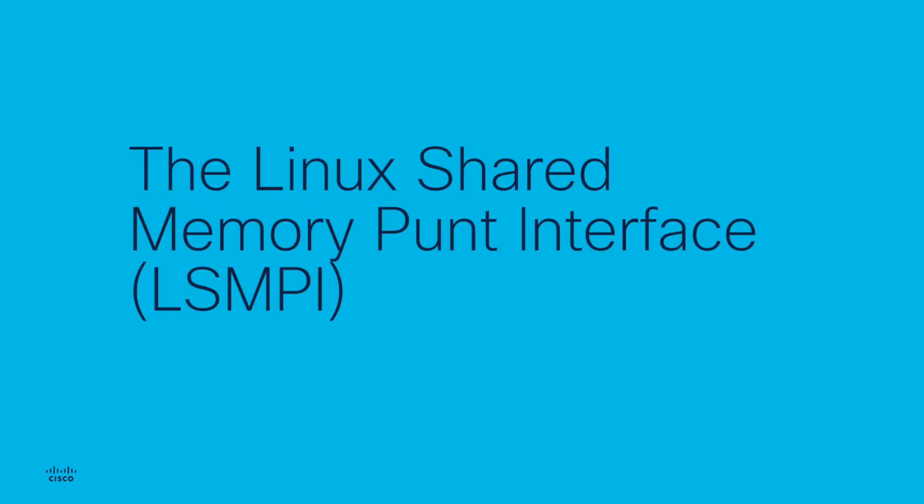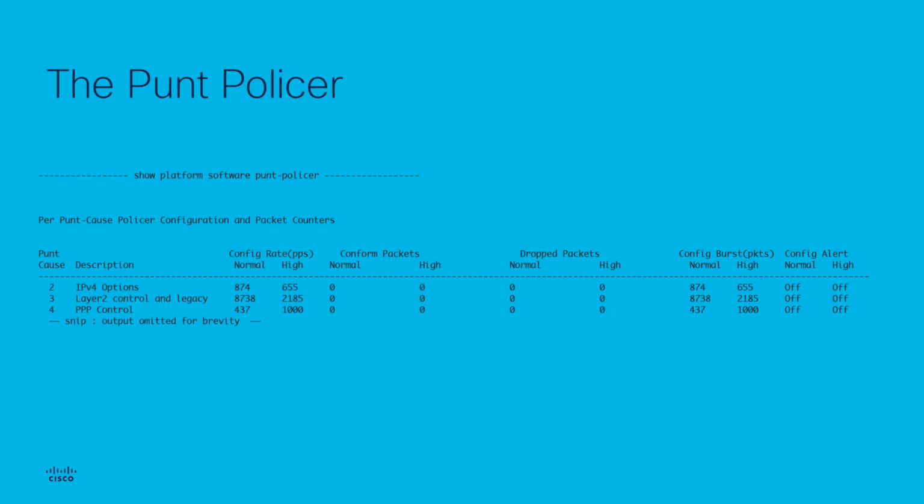The Linux Shared Memory Punt Interface (LSMPI) is a component that is used to transmit packets and messages from forwarding processor to routing processor. The punt policer is a control plane protection mechanism that allows the system to protect and police control plane packets.